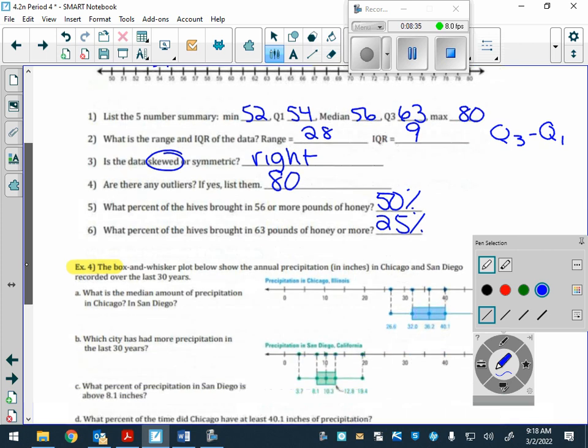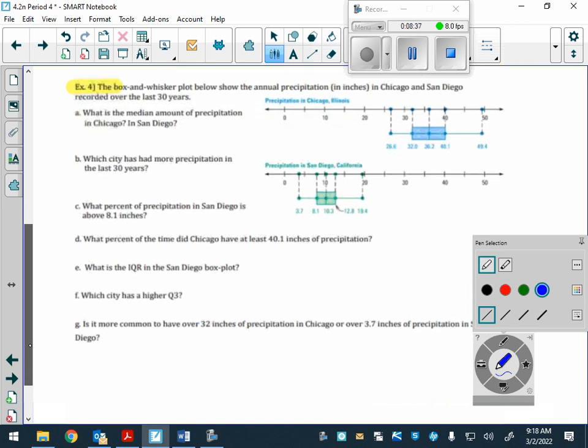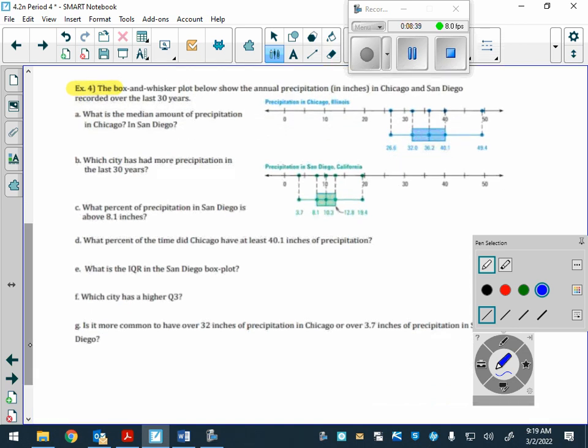All right. Now we look at Chicago and San Diego. The graphs show the annual precipitation in Chicago and San Diego recorded over the last 30 years. What is the median amount of precipitation in Chicago? Charlie. 36.2.